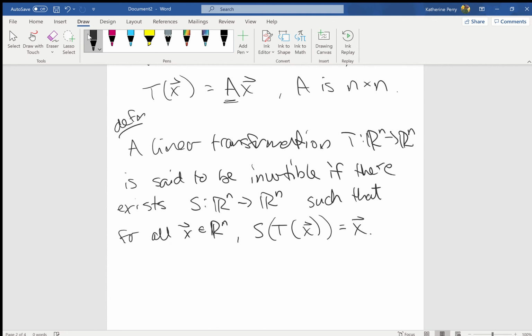And then in this instance, we call the transformation S the inverse of T, and we can denote it in this way.